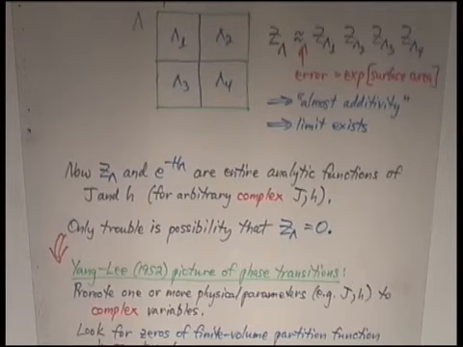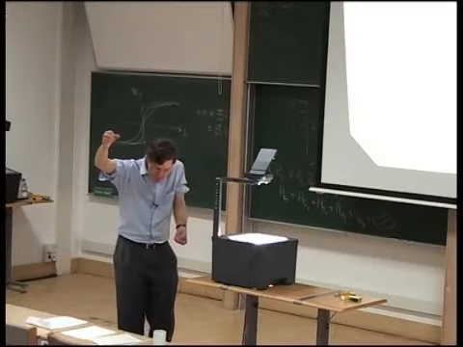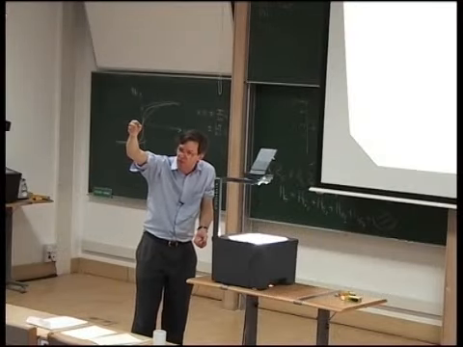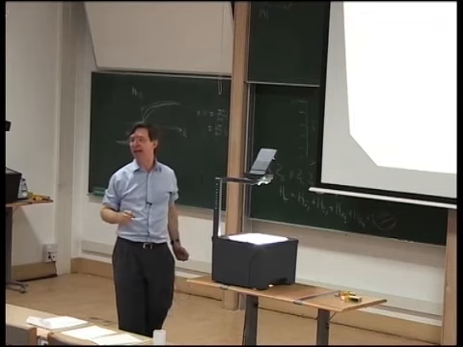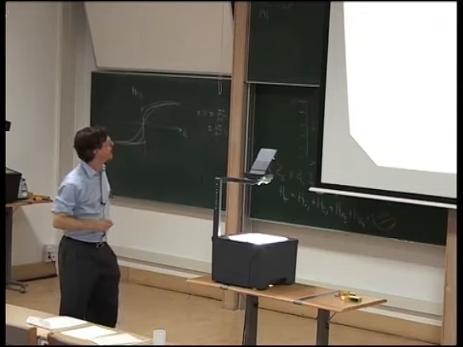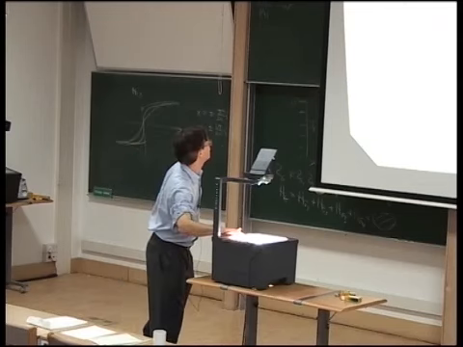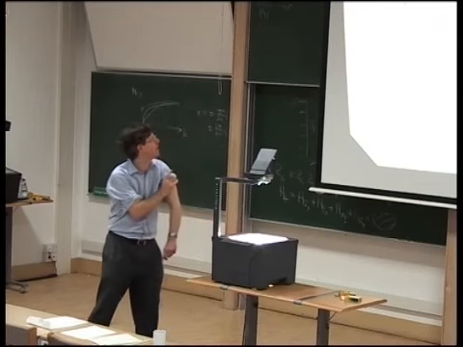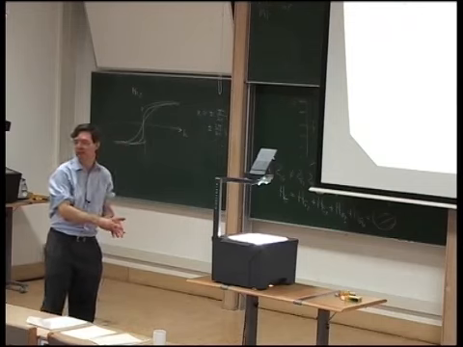It's a sum of unnormalized probabilities. But off the real axis, you can get phase cancellations, and z lambda can be 0, and maybe those zeros of the partition function can approach the real axis as the volume goes to infinity. And this is the Yang-Lee 1952 picture of phase transitions.